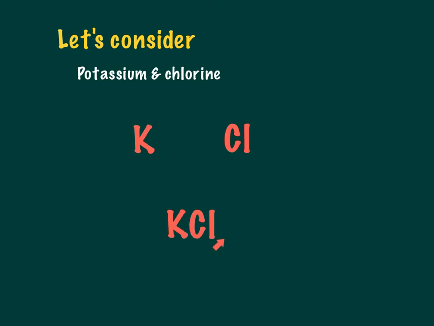So potassium's combining power would go here, chlorine's combining power of 1 goes here, but because the numbers are 1, we simply use the symbols. That implies 1. That implies 1. So the correct formula of potassium chloride would be KCl.